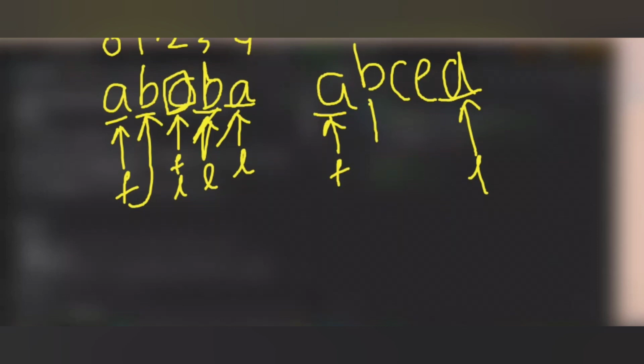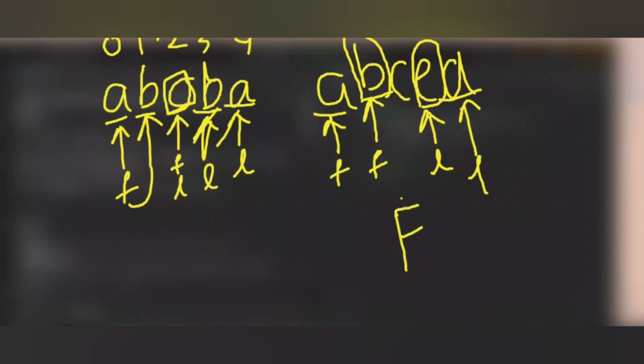So we'll move the index to the next part, that is F at the index of B and L at the index of E. So we can see that B and E are not equal. As soon as we see that the characters at both indices are not equal, we'll just return false. In this way we can find out whether a given string is a palindrome or not.